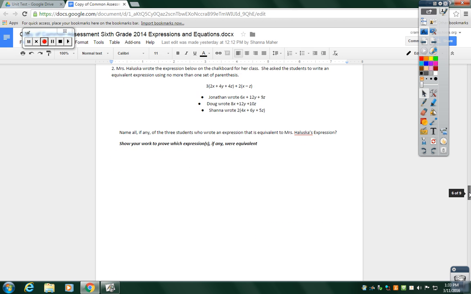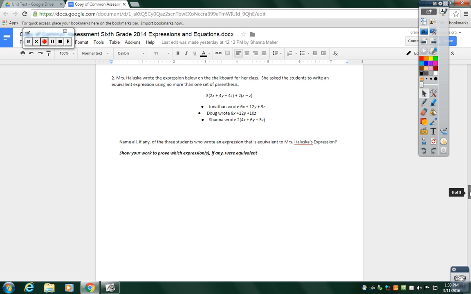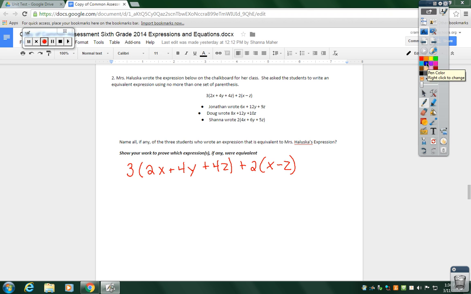Number 2. This one was very tricky, okay? Number 2, Mrs. Haluska wrote an expression on the board. I'm going to rewrite it down here on my paper to make sure I have enough space to complete the problem. If I were one of Mrs. Haluska's students, the first thing I would have done is drawn the arrow to remind myself I'm using the distributive property.